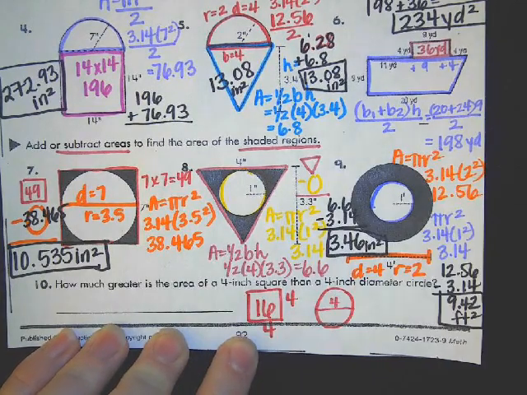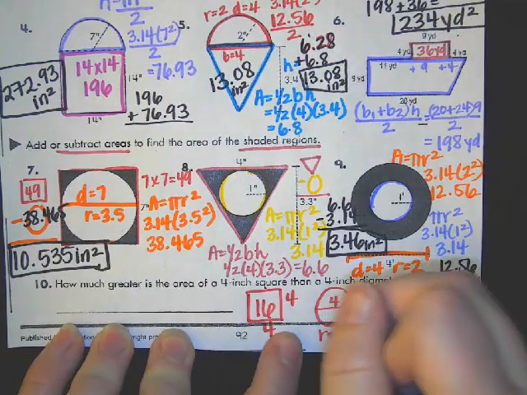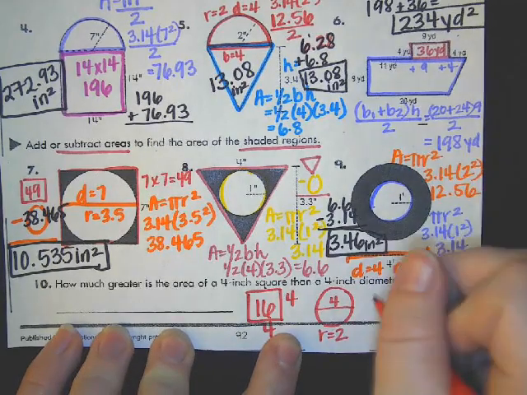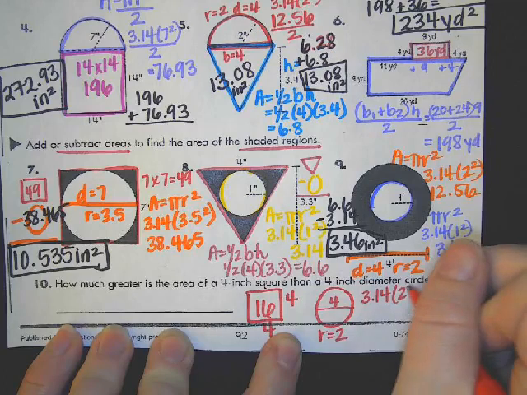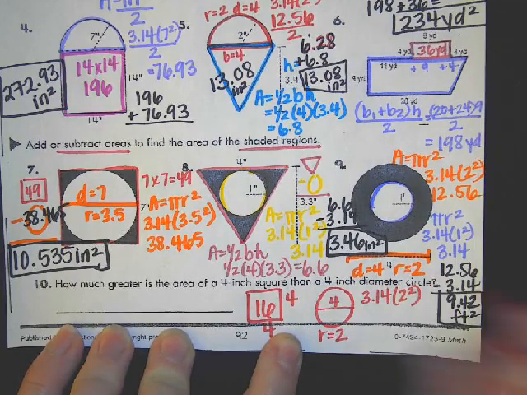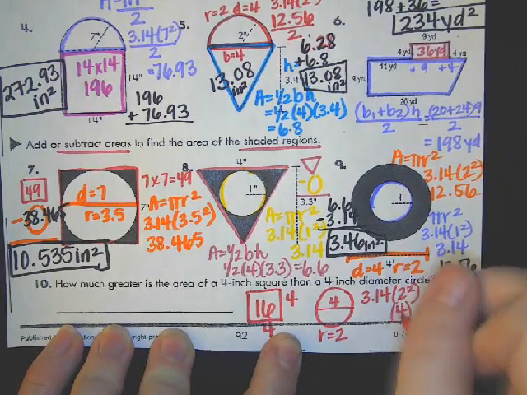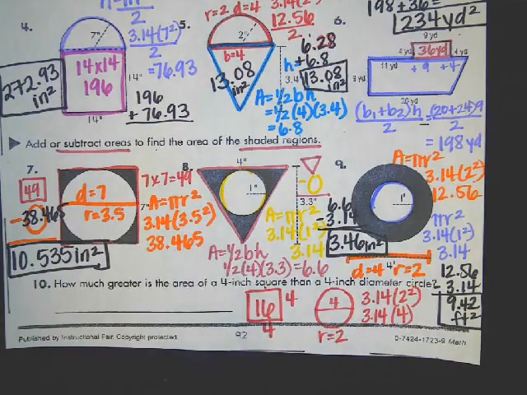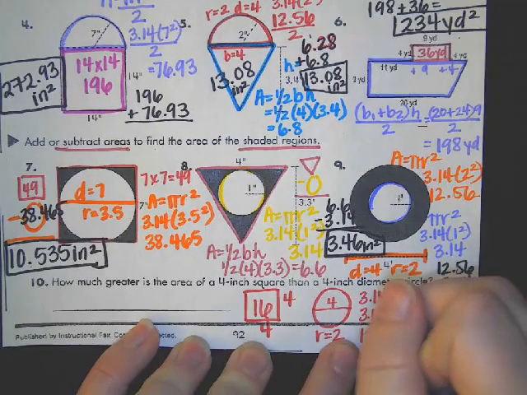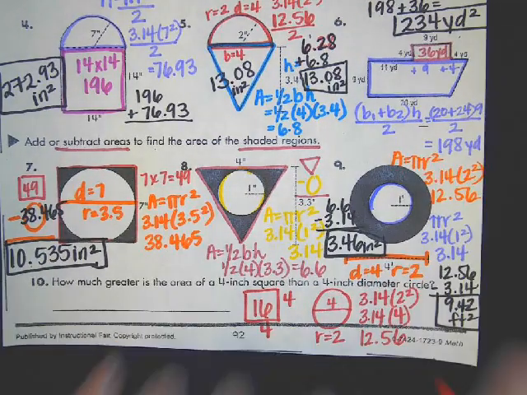Knowing that I have a diameter of 4, I know that the radius must be 2. Again, let's plug in the formula we know. 3.14 times 2 squared. 2 times 2 gives me 4, and I'm going to multiply 3.14 times 4. Now the goal here was not just to find the area of these two shapes, but to compare them. So looking at this area, I had 12.56.